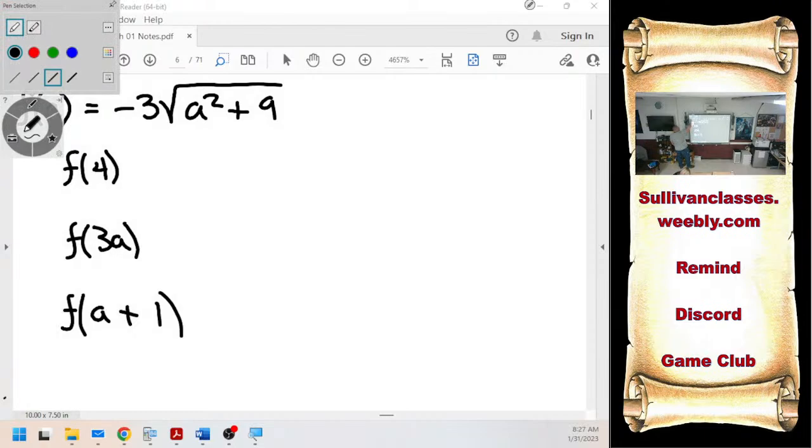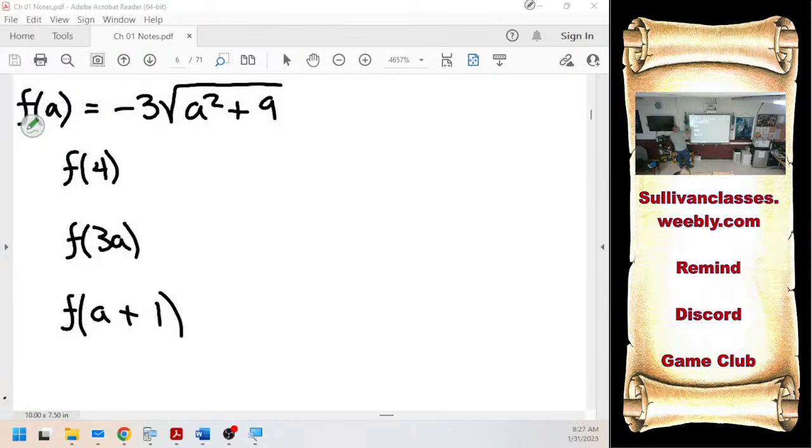Okay. The idea behind these functions was: f is the name of the function. f of thing is telling you your input for the function. The name of the function, we'll call him Fred, has this programming, this code, this machinery inside the function.